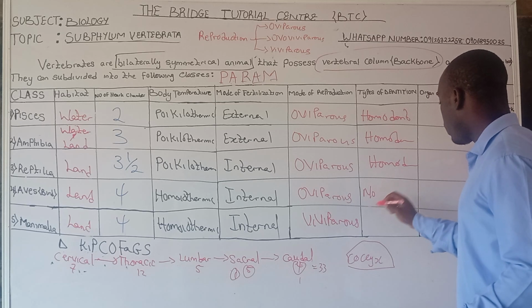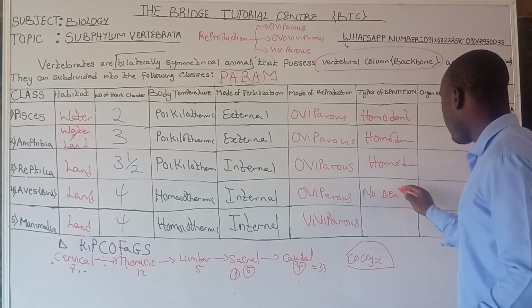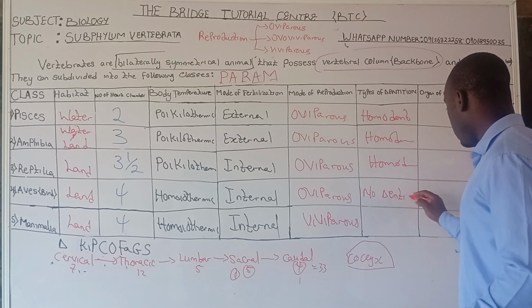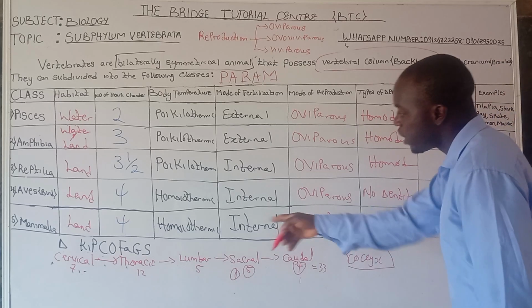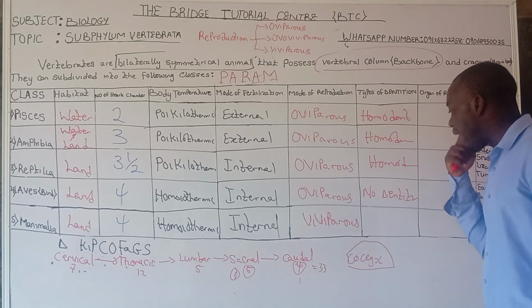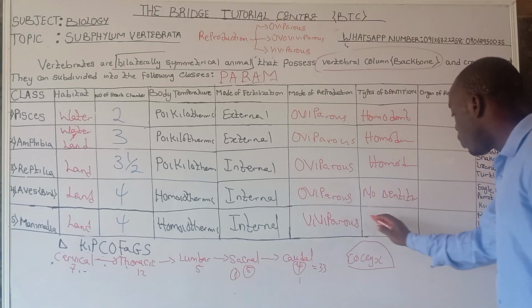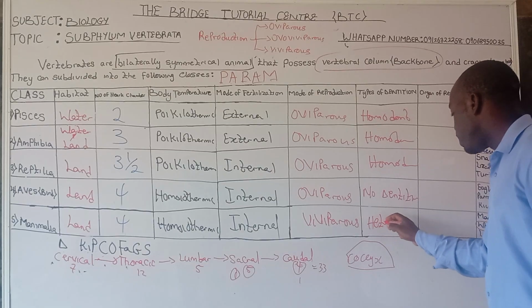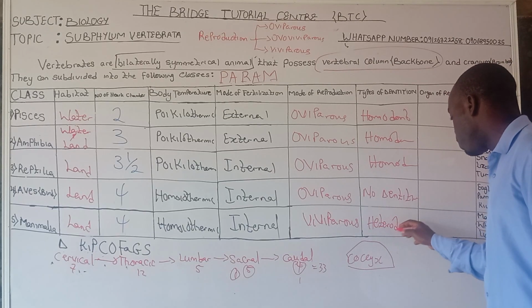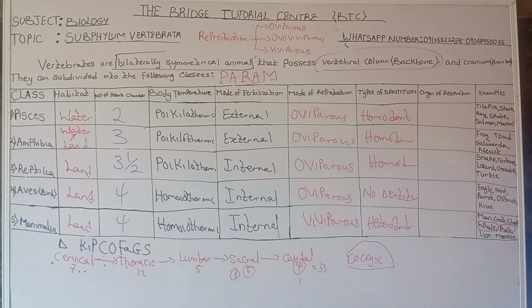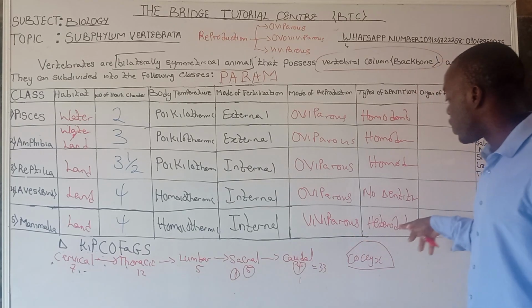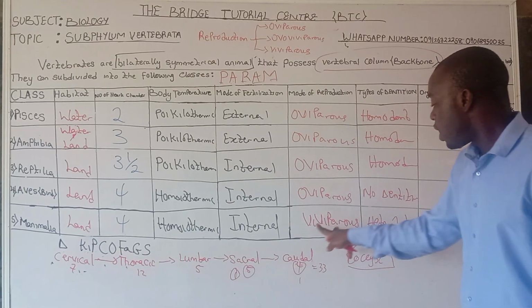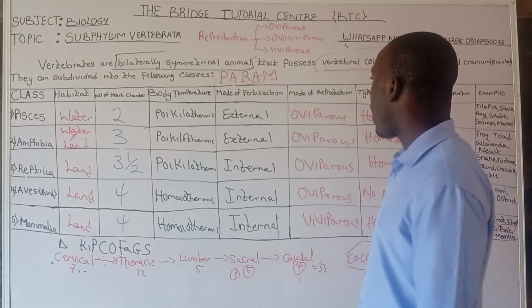So no dentition for Aves. Okay, we have the final one, which is the Mammalia. The Mammalia are the only ones with heterodont dentition. Please don't forget, they are the ones that usually have some kind of exception. They are the only heterodonts, and they are the only viviparous.